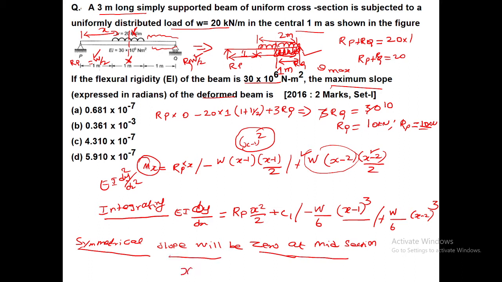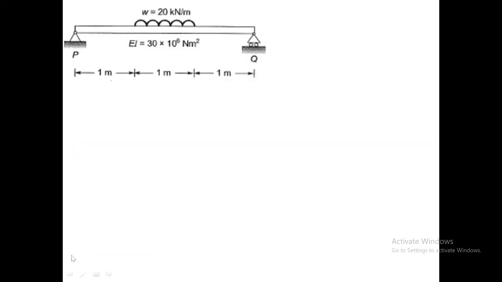The midpoint is x equal to 1.5, since the total length is 3. At the midpoint, dy by dx is 0, maximum deflection, so slope is 0. So at x equal to 1.5, the slope is 0.